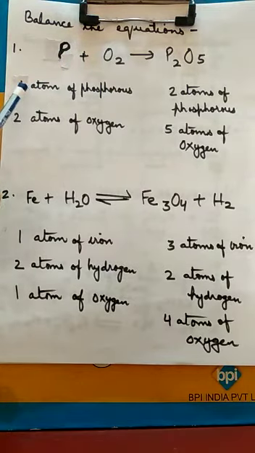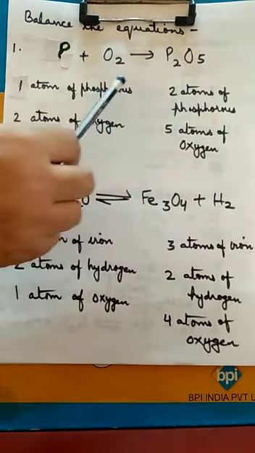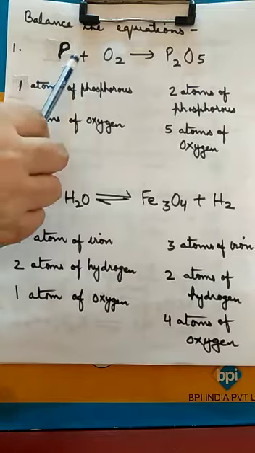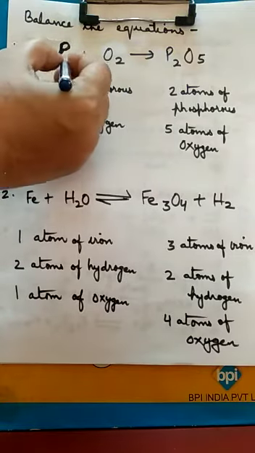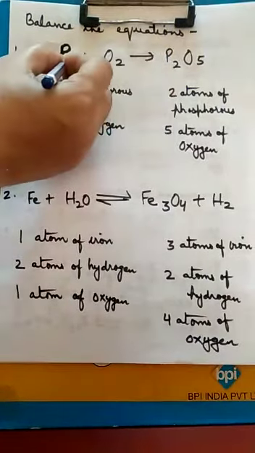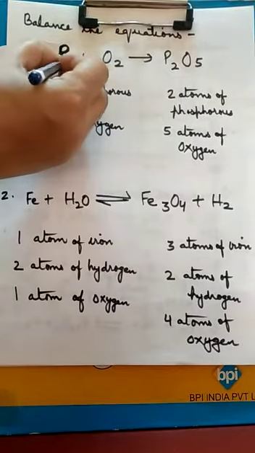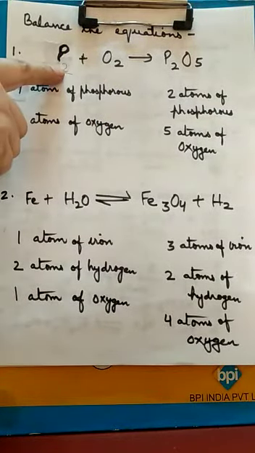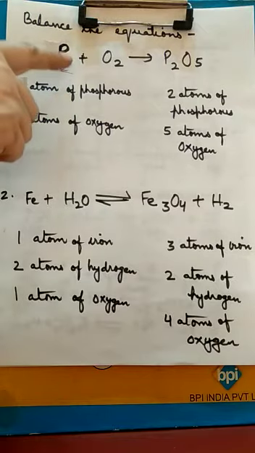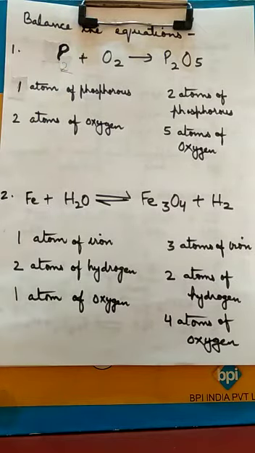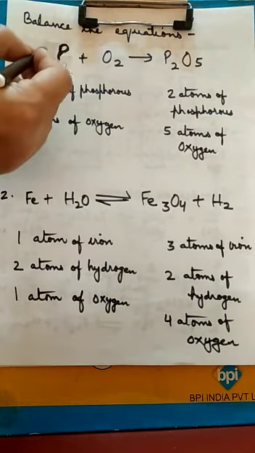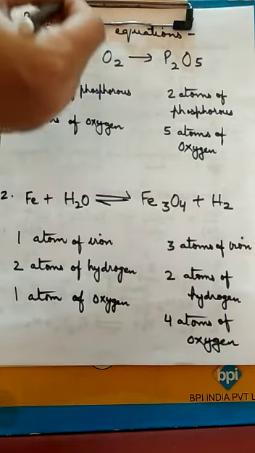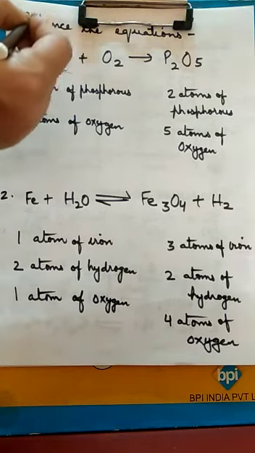First of all we are going to balance phosphorus. In order to balance phosphorus, you might say we can write 2 as it is written here, we can write 2 here also. But this is a wrong method. We cannot insert a number in between. If we are writing a number, we write it before the symbol or before the formula of the compound.